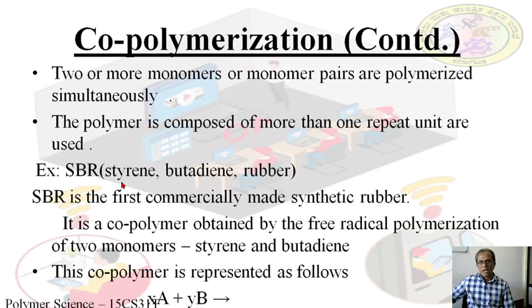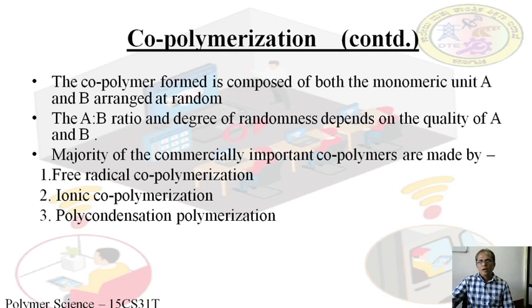Say for example, styrene is A, butadiene is B. If you take x number of A and y number of B, then we are going to get the product. The copolymer formed is composed of both monomeric units A and B arranged at random. The A to B ratio and degree of randomness depend on the quantity of A and B.